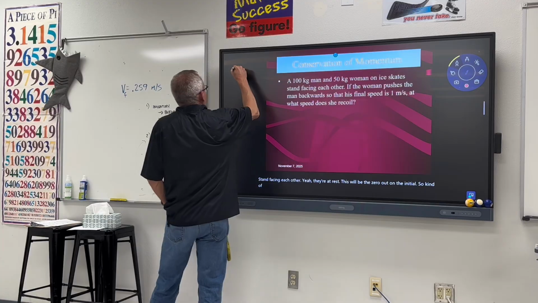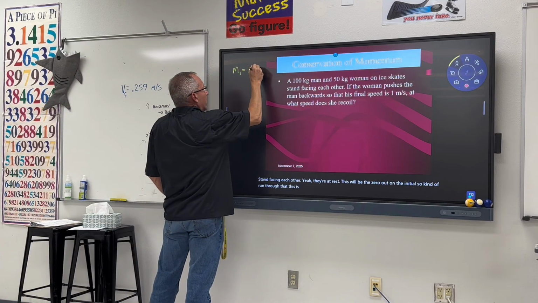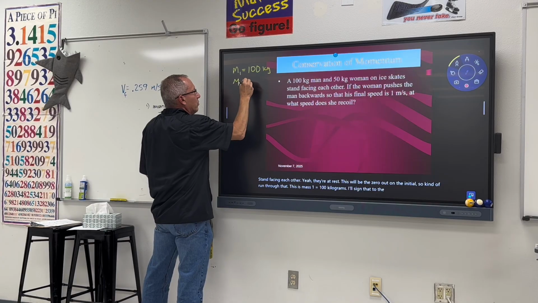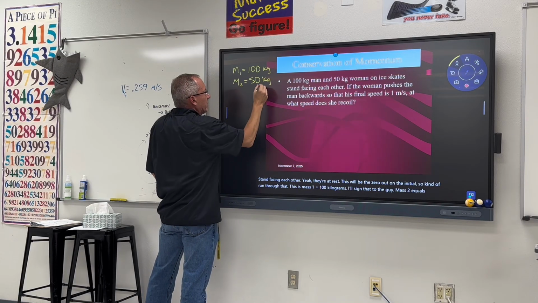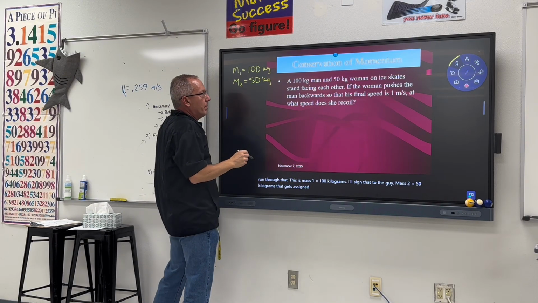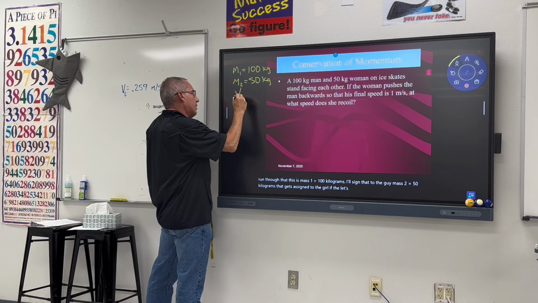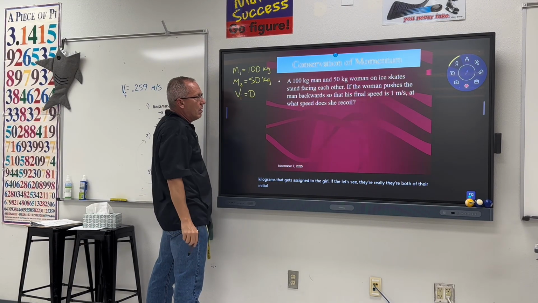Mass 1 equals 100 kilograms. I'll assign that to the guy. Mass 2 equals 50 kilograms. That gets assigned to the girl. Both of their initial velocities are 0.